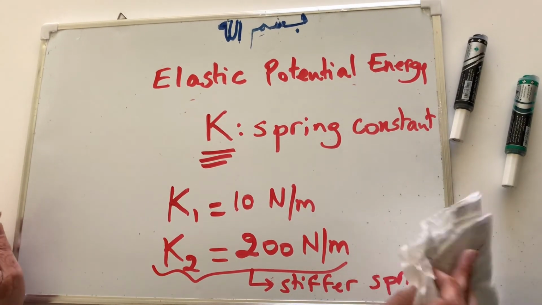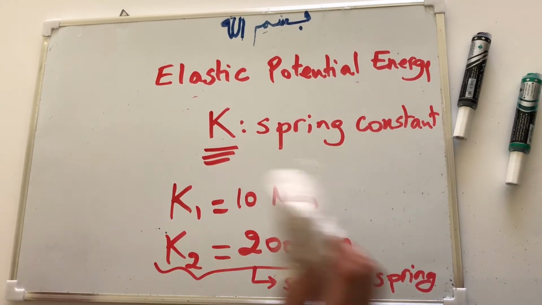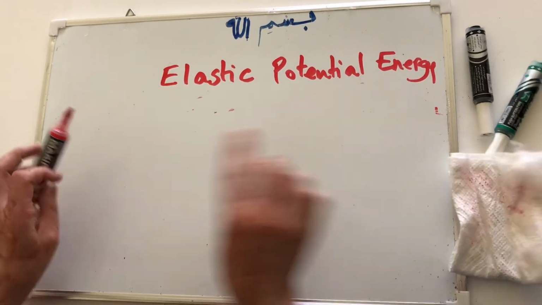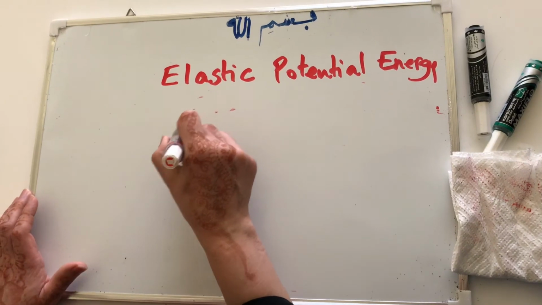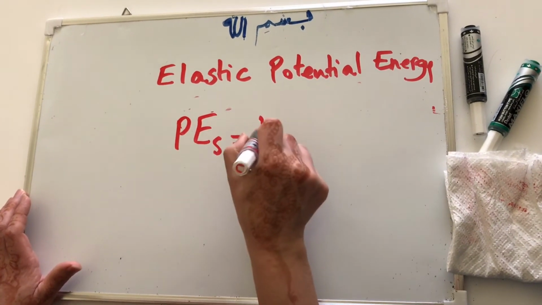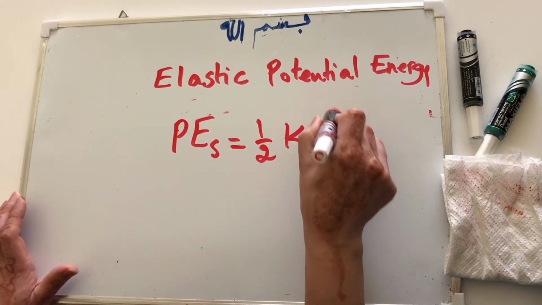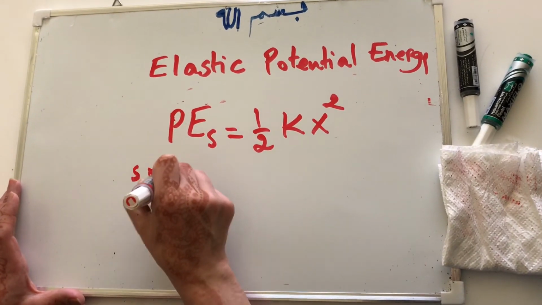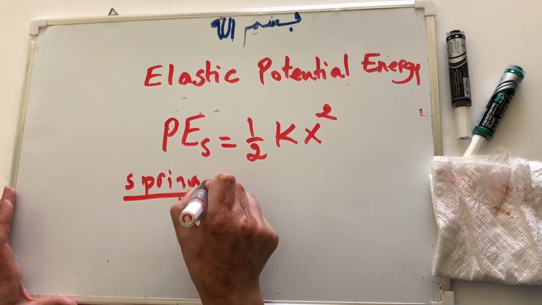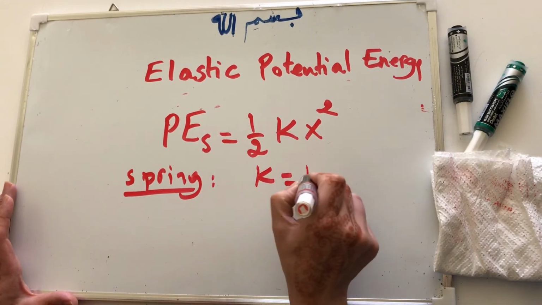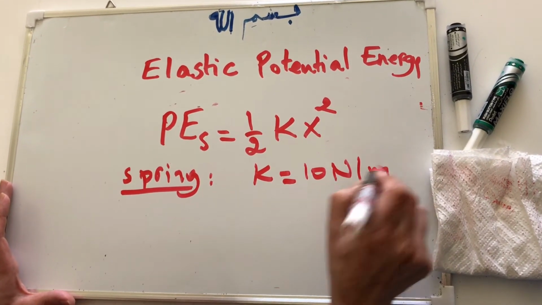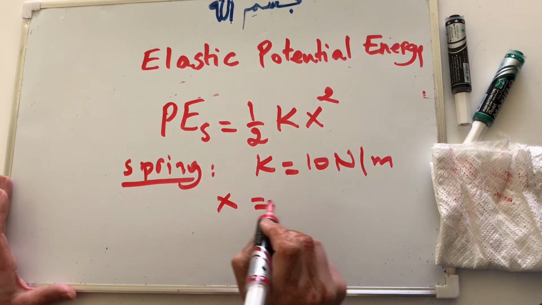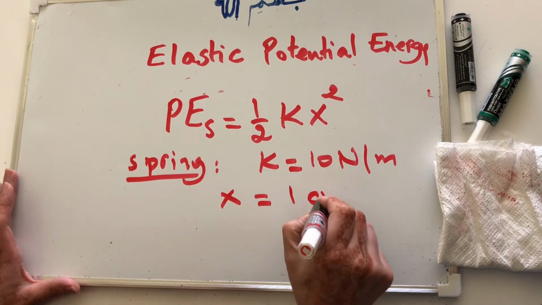Let's do some calculations, and I can assure you they are super duper easy. So potential elastic energy is half kx squared. Let's say we have a spring, we're going to simplify our lives, with K equals 10 Newton per meter, and you stretch it by x equals 1 centimeter.